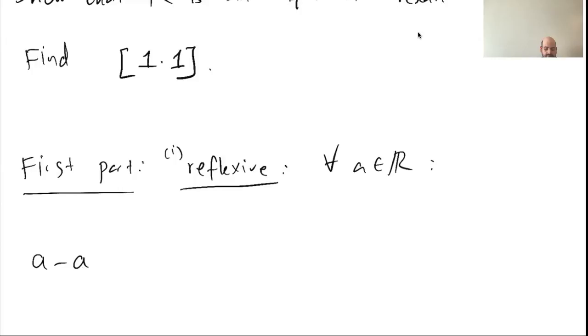And finally, for transitive, if a and b is in R and b and c is in R, then what can we conclude? So then we can say that a minus b is an integer and b minus c is an integer.